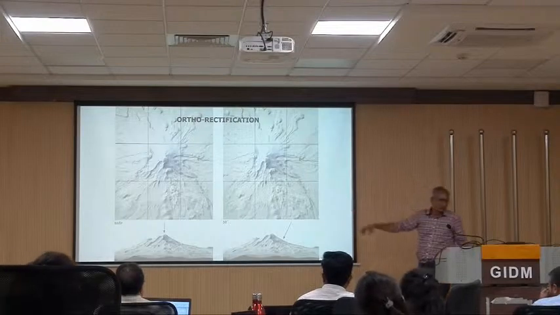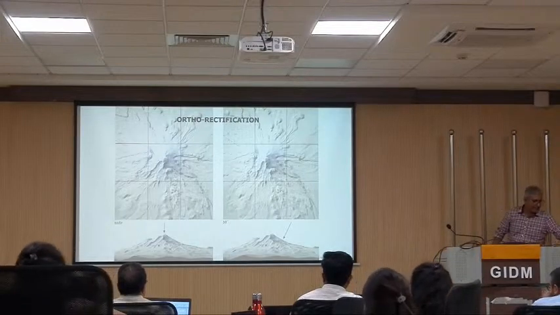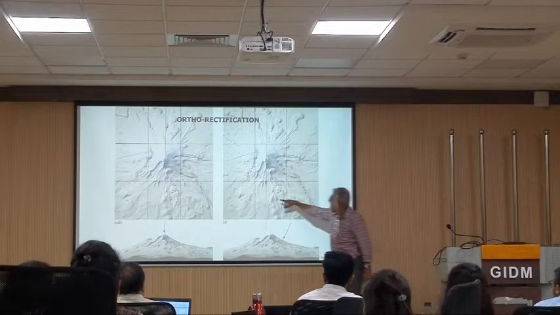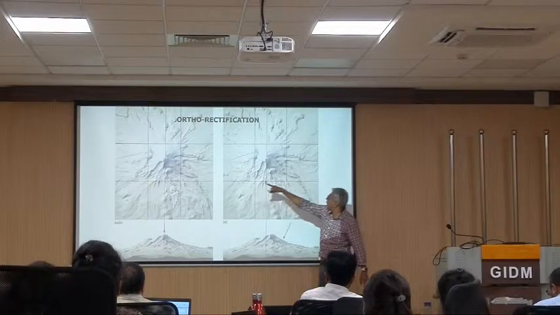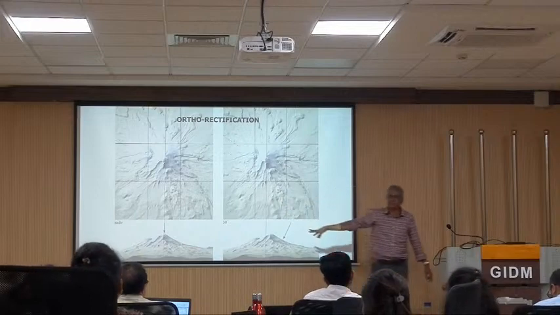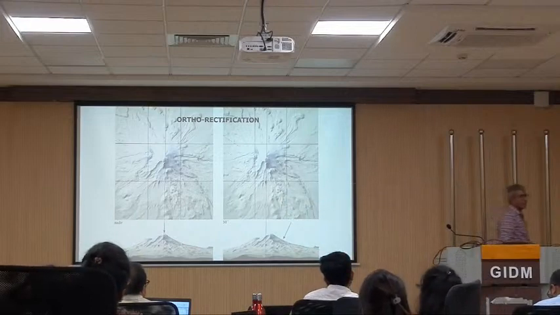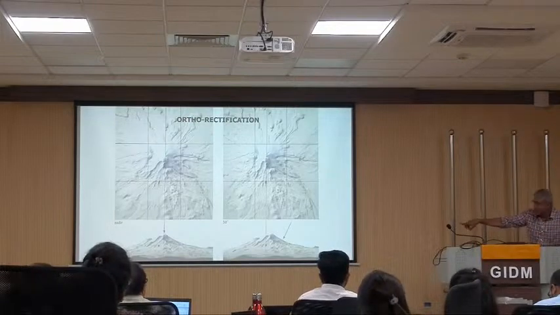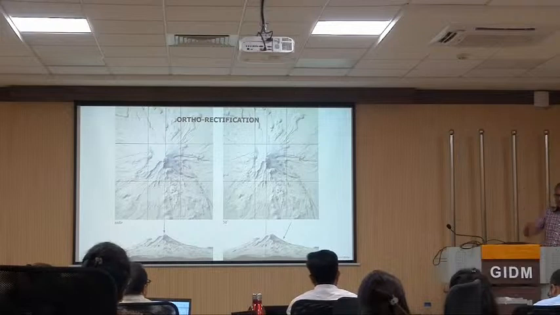I have drawn a line, I don't know if it's visible. A red line will appear over here. You see that here and here, it's more or less center, and there is a shift over here. So it's not actually perfectly aligned or ortho-rectified. And you see that below there is an oblique angle to it.